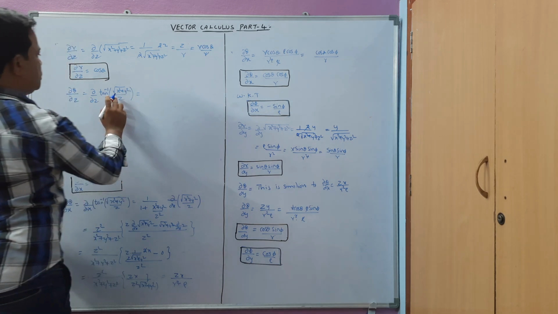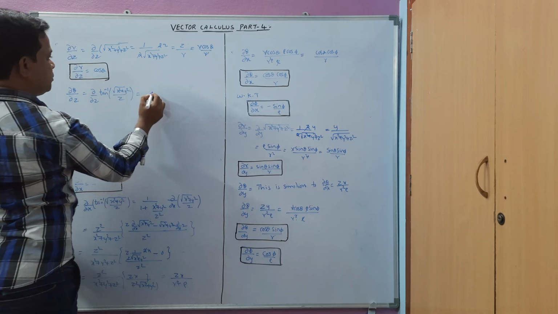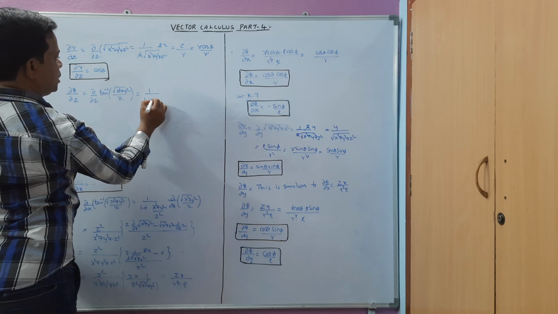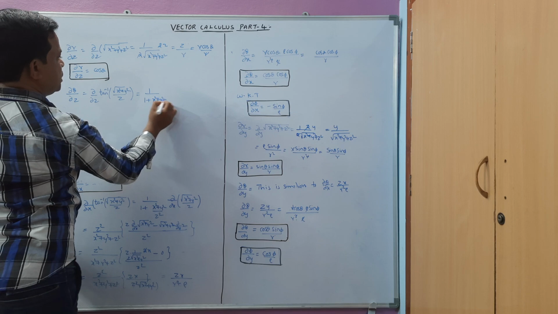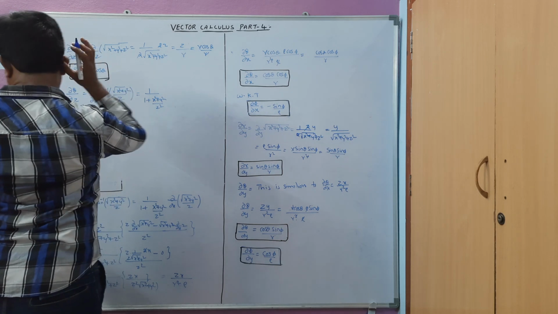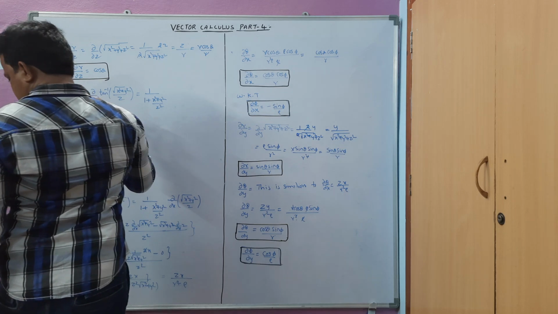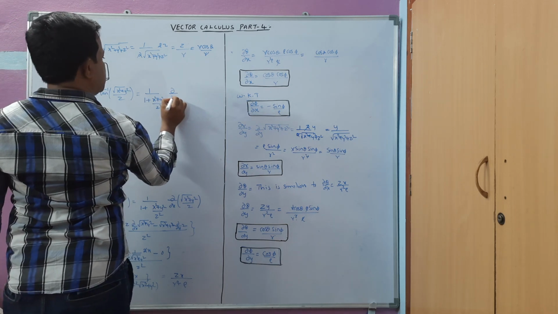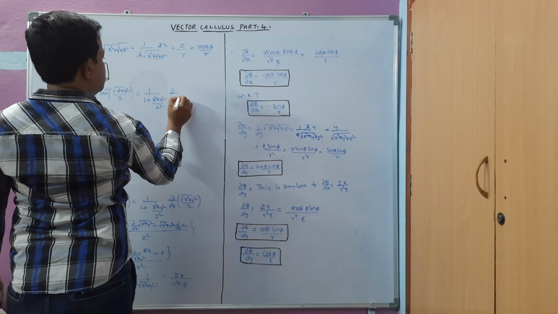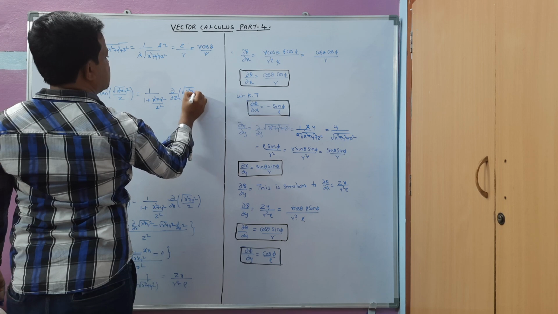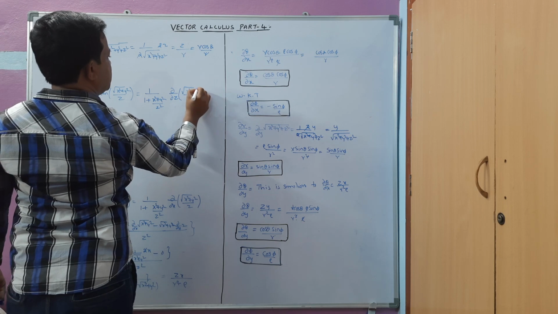We know that the differentiation of tan inverse of x is 1 by 1 plus x square, that is 1 by 1 plus x square plus y square by z square. With respect to z we have to do the differentiation here, that is dou by dou z of square root of x square plus y square by z.